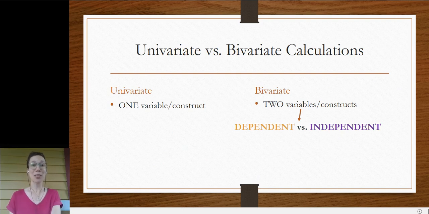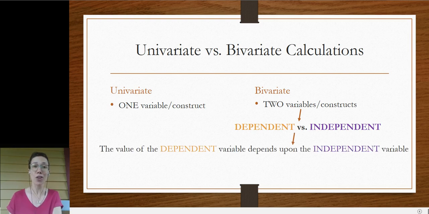When we move into talking about bivariate calculations, we don't always need to talk about dependent versus independent variables. In some situations we do. So we're going to use this example a little bit in some of the content for today, and this will come back up later throughout the semester as well. Dependent versus independent variables come up when we talk about bivariate analysis because we're talking about how to compare two different variables.